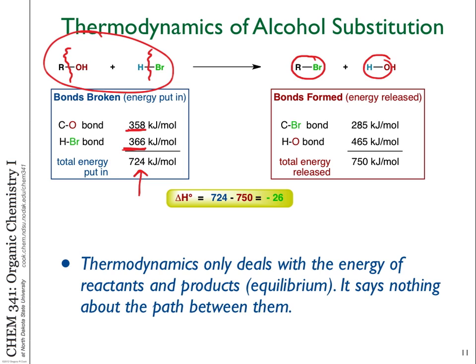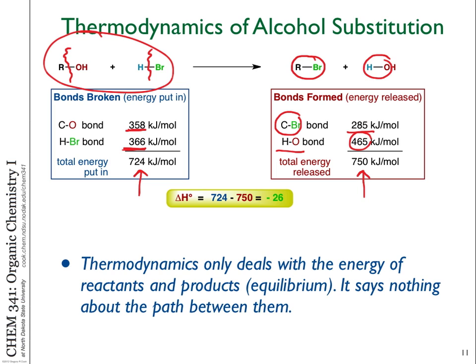Okay? And then the products are formed, and forming a bond is a release of energy. If you, again, look up the bond dissociation energies, a C-Br bond is 285 kilojoules, and an H-O bond is 465 kilojoules. So in the bond forming processes in this overall reaction, we've released 750 kilojoules of energy.